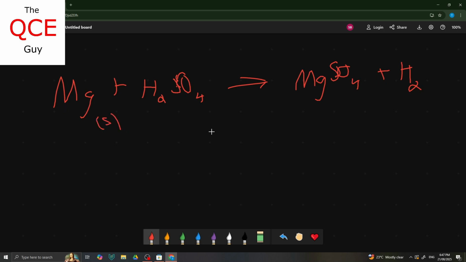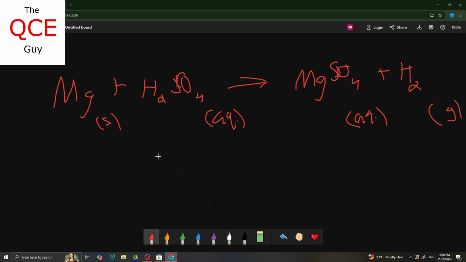Magnesium is going to be that solid piece of metal. The acid is always going to be aqueous. Magnesium sulfate, we're going to assume that it is aqueous. It probably isn't, but we are going to just assume it because why not? And obviously H2 is the gas.